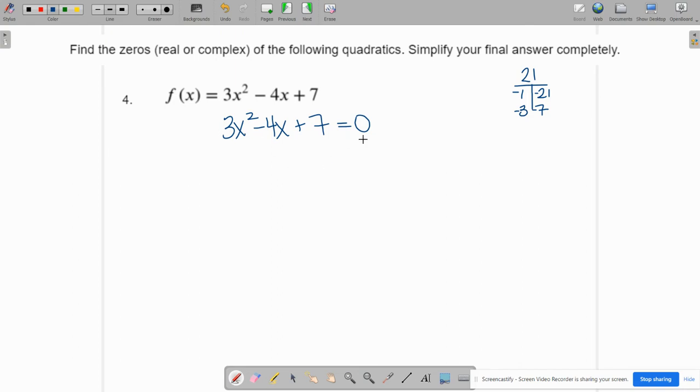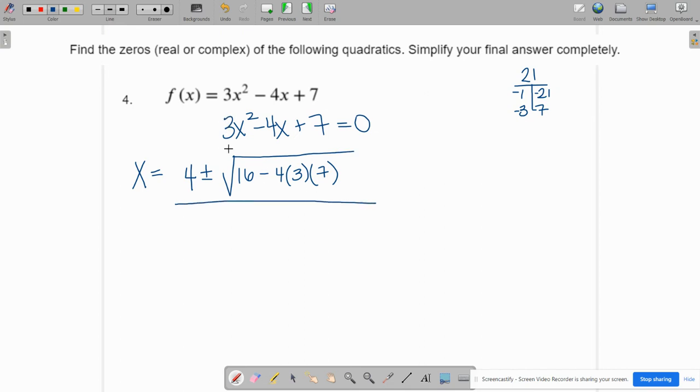So the only way that we can do this is we're going to use the quadratic formula. So x equals -b, so b is -4, so -b is 4 plus or minus the square root of b squared. -4 squared is 16, minus 4 times a, which is 3, times c, which is 7, all divided by 2 times a, which is 2 times 3, 6.